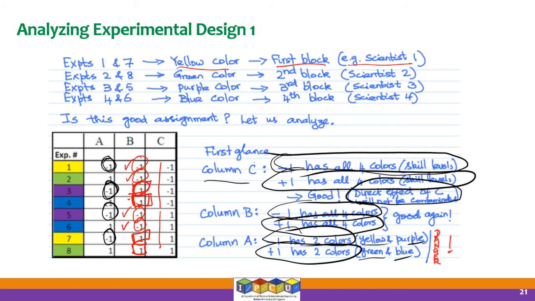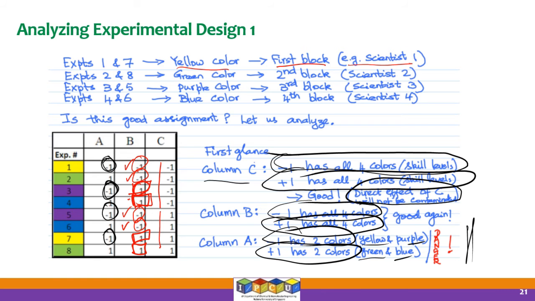So the direct effect of A will be contaminated or confounded by the skill level of the chemists who are conducting the experiments, right? And this is a danger when a direct effect is confounded with some factor, which is not very good, because we believe that the direct effects are going to be significant.